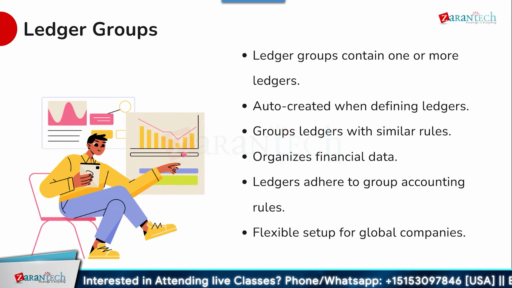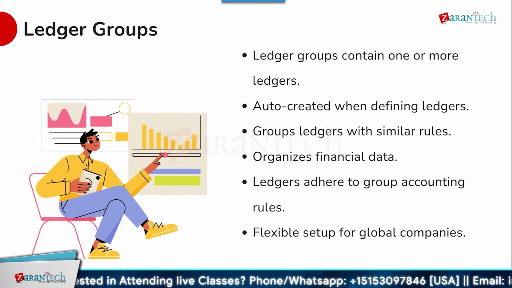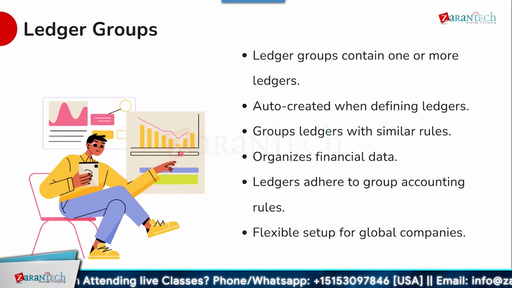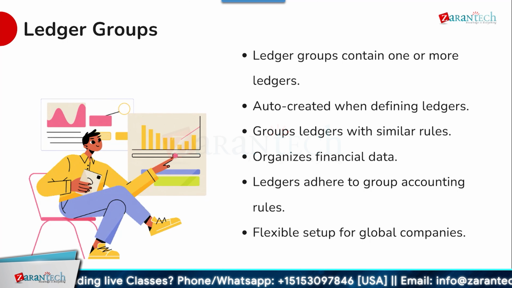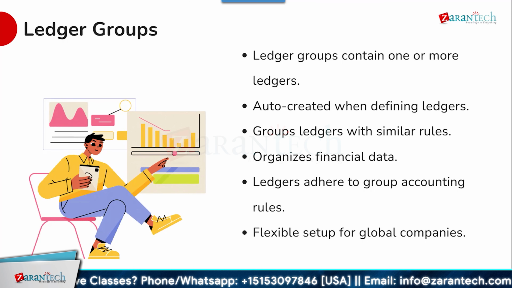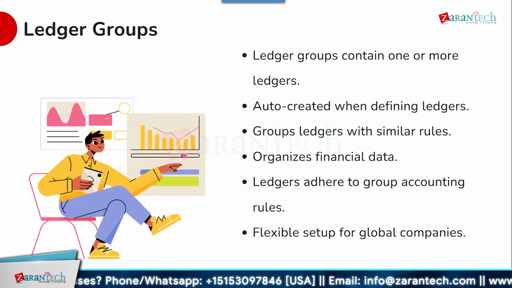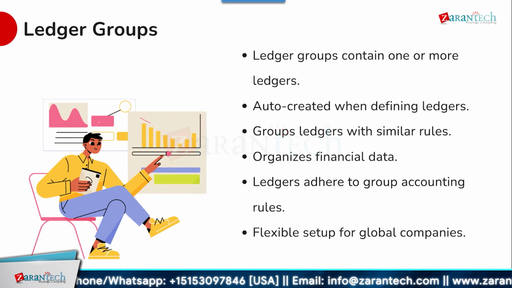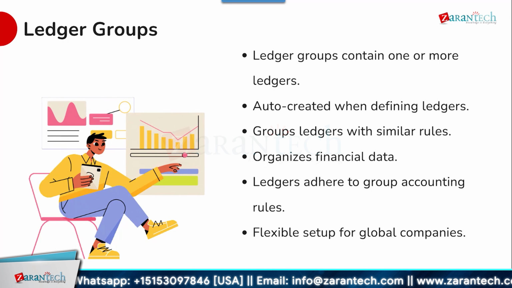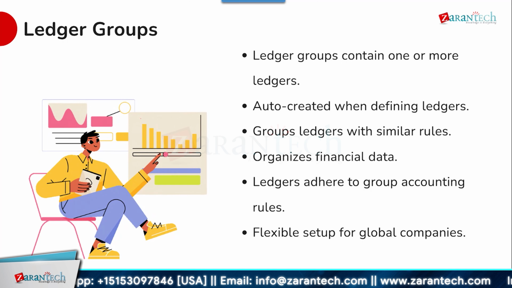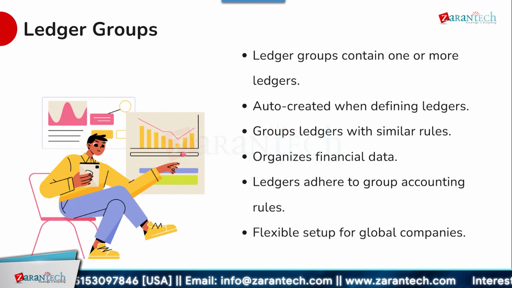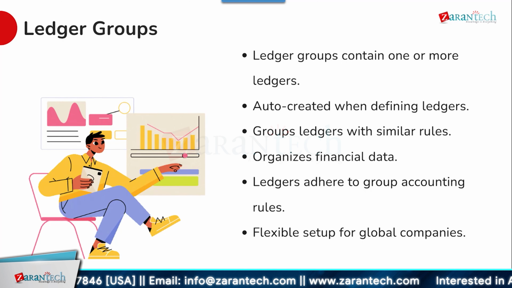By utilizing these ledger groups, businesses can simplify their financial processes and improve their reporting capabilities. Ledger groups not only help organize but also ensure that ledgers adhere to the established accounting rules.